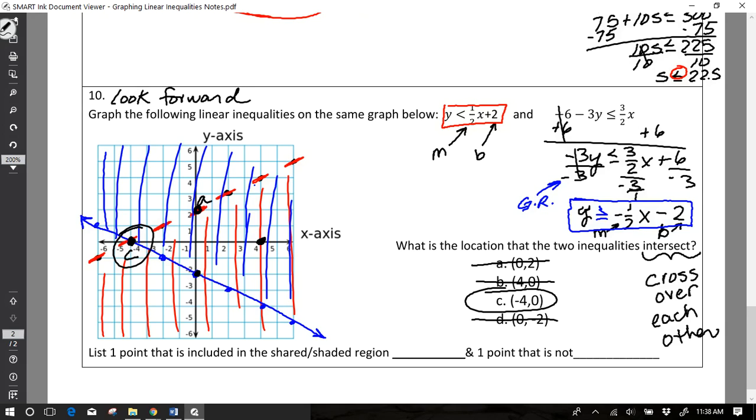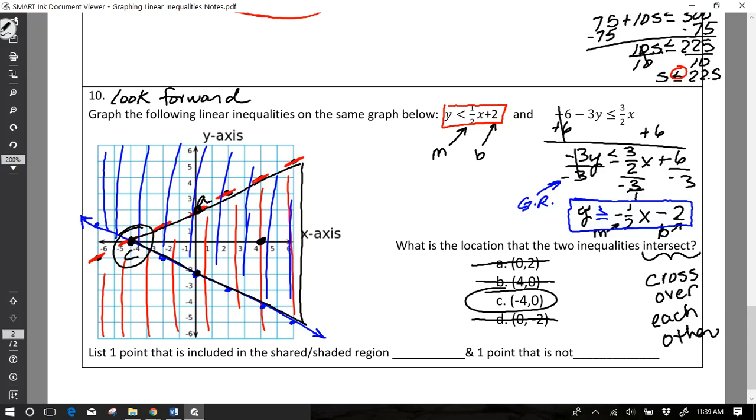The very last thing that we're going to do is we're going to use these same 4 points. We're going to list a point that is included in the shared shaded region and one point that is not. All the points in the shared shaded region fall outside of that red line because it's dotted and on top of this blue line because it's solid.